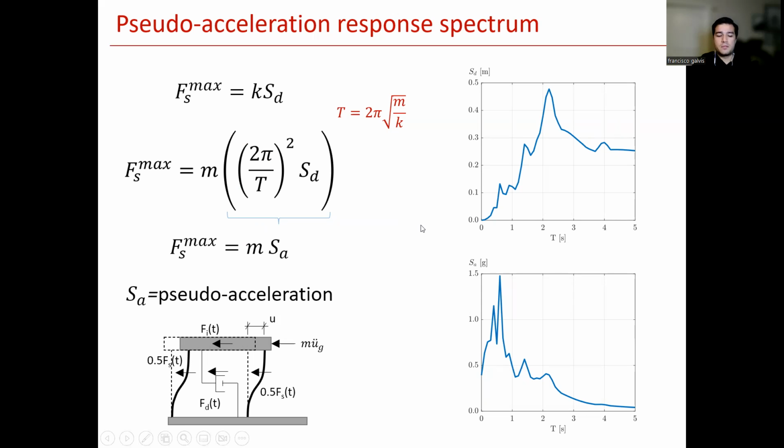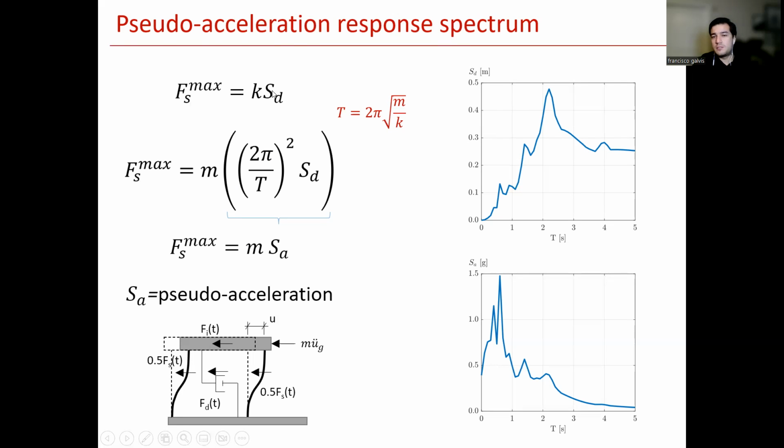And it's really important because it allows us to connect the maximum response of a structure to an earthquake to the maximum force that the structure would feel, right? And the way we do that is, from the spectrum, we get the maximum displacement if we know the period, right?